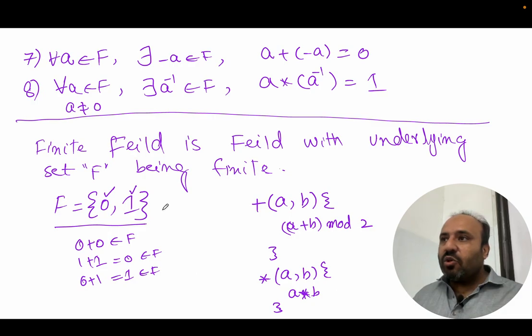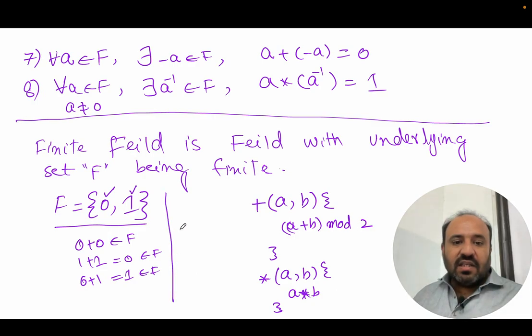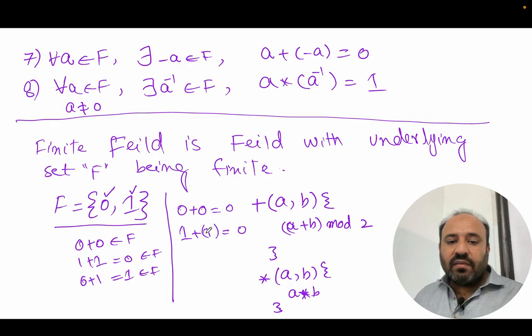Additive inverse. Do we have additive inverse? Yes. We have additive inverse of every number. The additive inverse of 0 is 0. What is the additive inverse of 1? What should I add to it so that it becomes 0? 1. Yes?